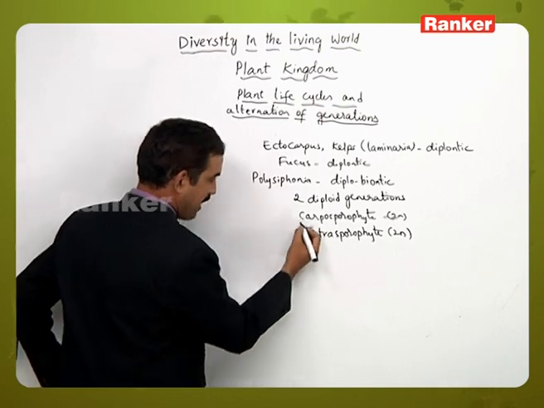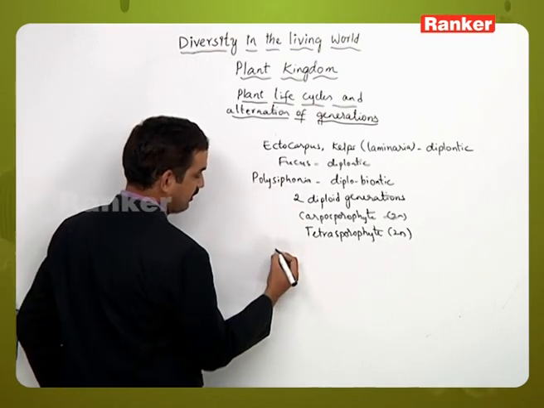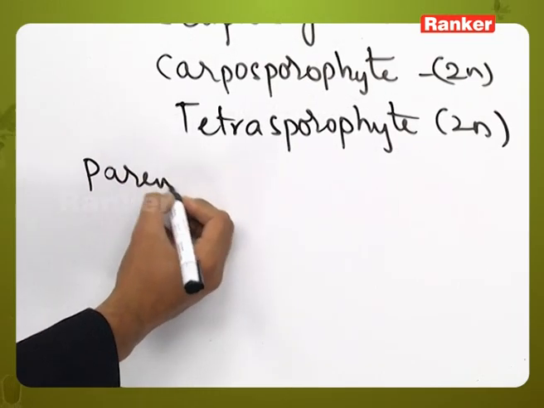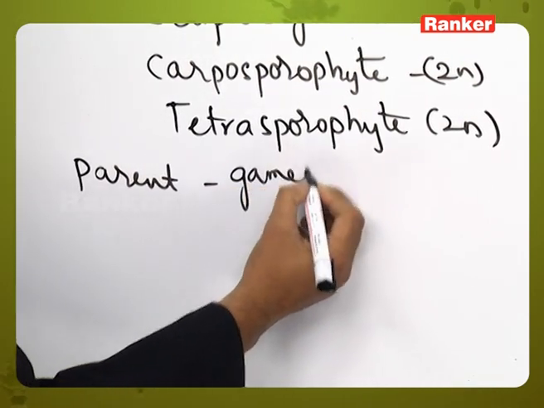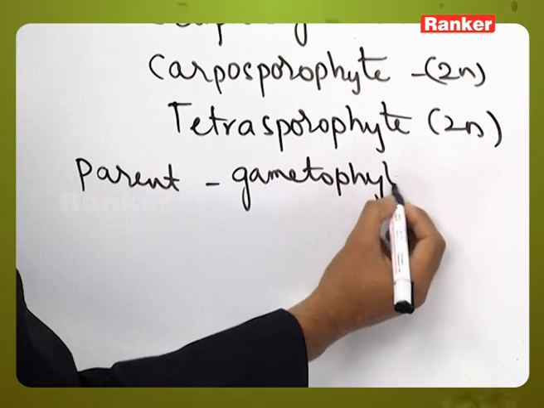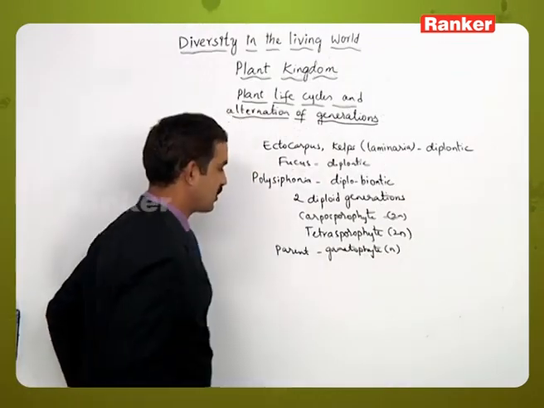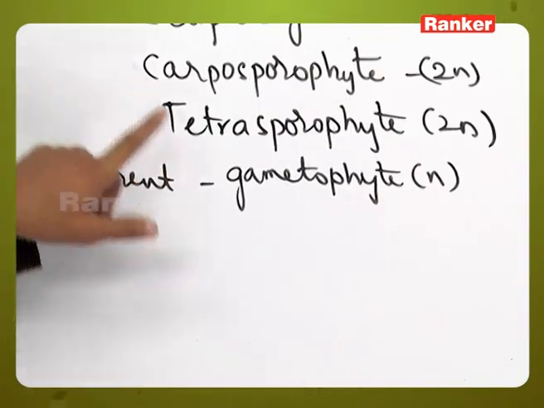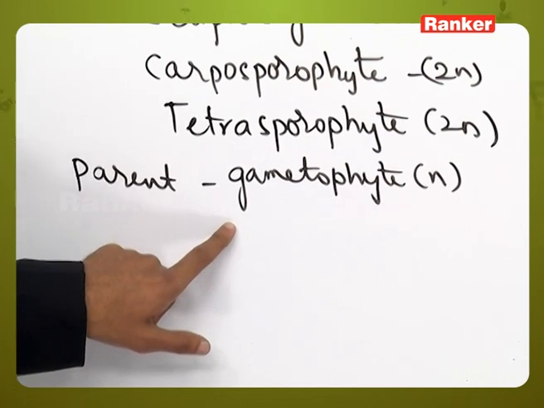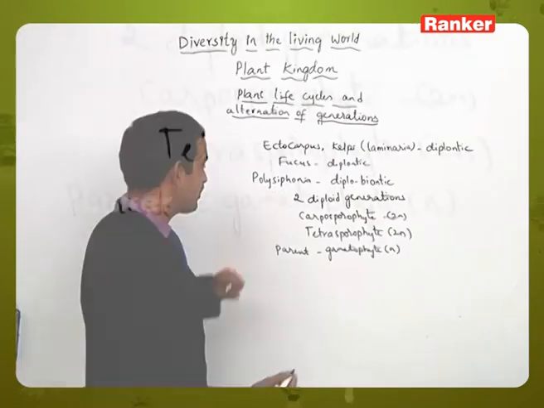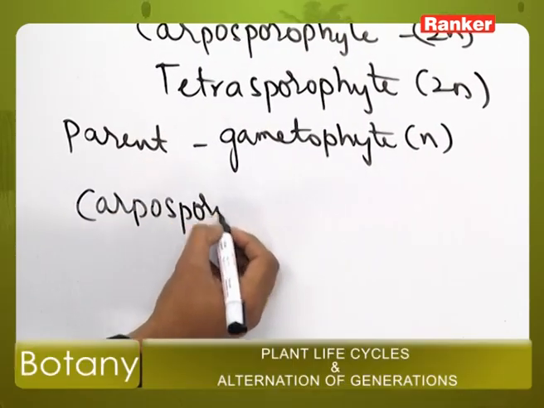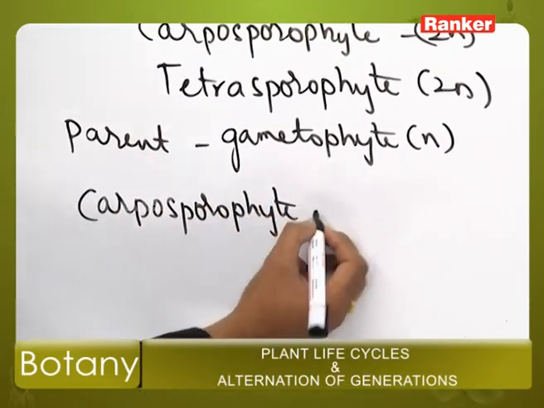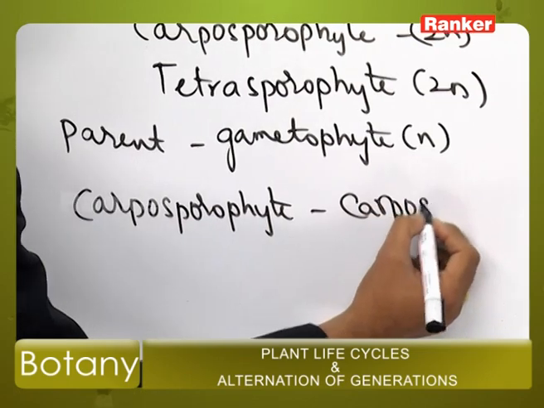So here, apart from these two generations, the parent plant is there. The parent plant is the Gametophyte, which is haploid in its condition. So here the Carposporophyte is dependent on the Gametophyte, and it will produce the carpospore.